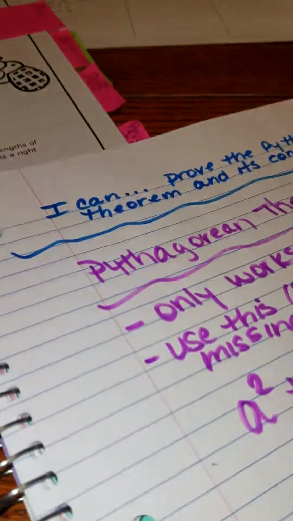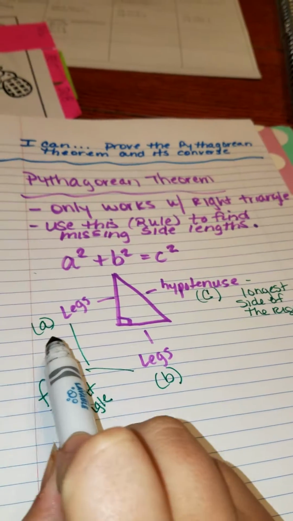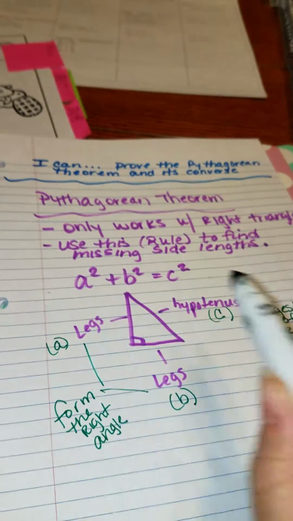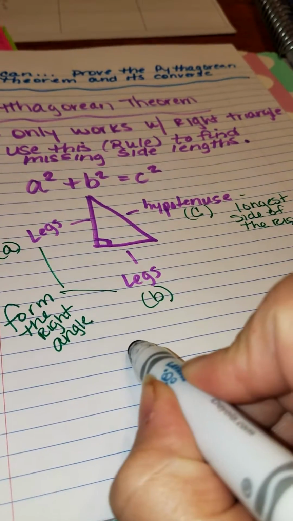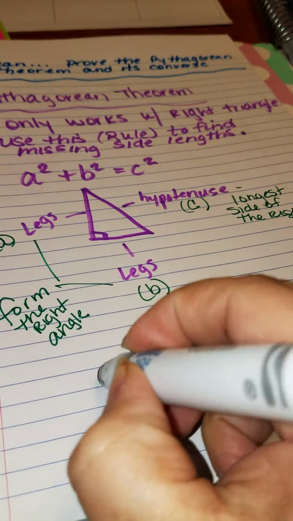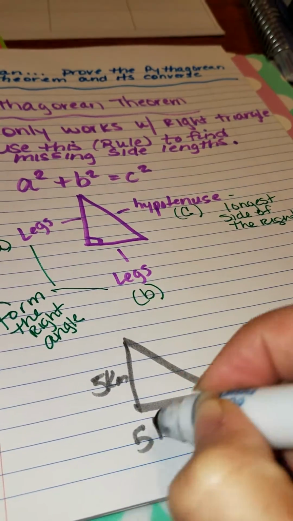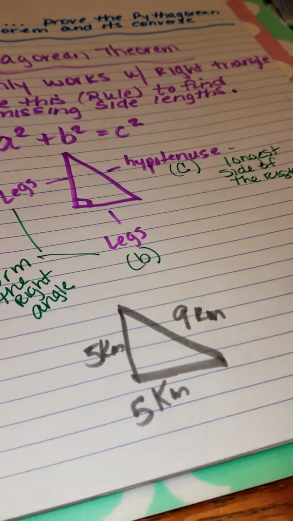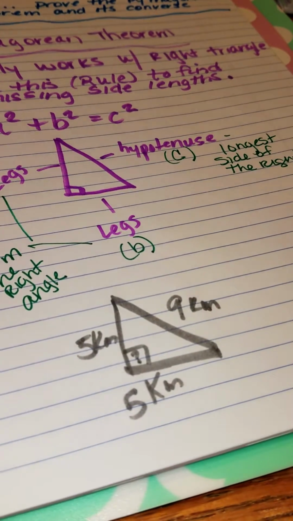Well, basically they want you to prove and say, hey, if I put those numbers in the spots of the two legs and the hypotenuse, is this formula actually going to be true? So you can make the triangle if you want. It doesn't really matter. They said one side was 5 kilometers and the other side was 5 kilometers and this side was 9 kilometers. And basically we're asking, is that a right triangle? So I put a question mark there.